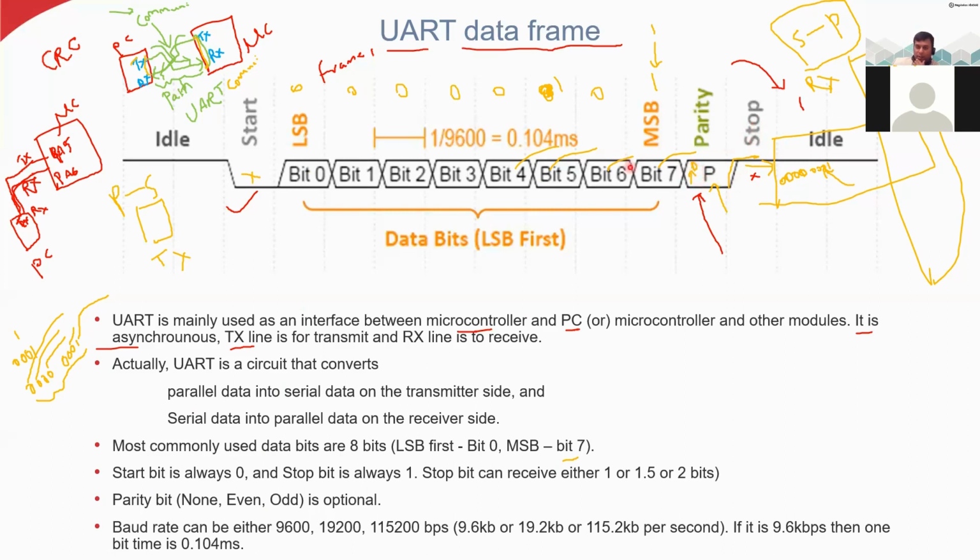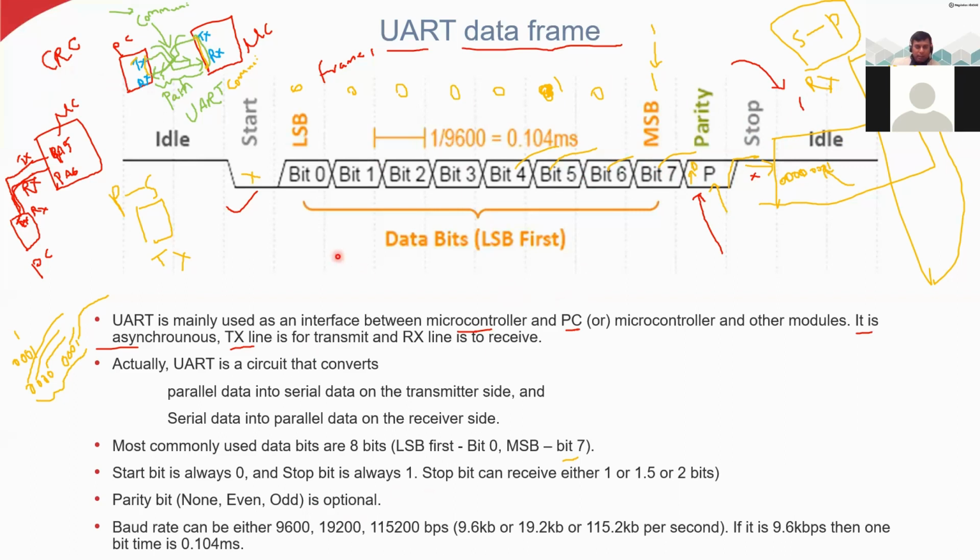If it's 0, it will know the number of ones is even, so 2 ones. Then it will check on the receiver side how many ones there are. But there is a possibility that during data transmission this bit can be flipped into 1, and then you will have the wrong data. So this parity bit based error detection technique is not very efficient. That is why we use other techniques, CRC and so on.